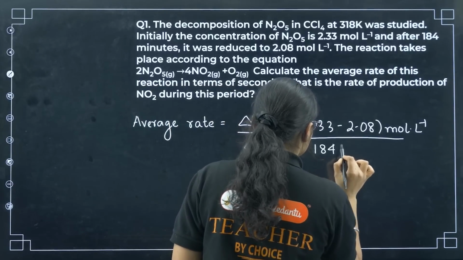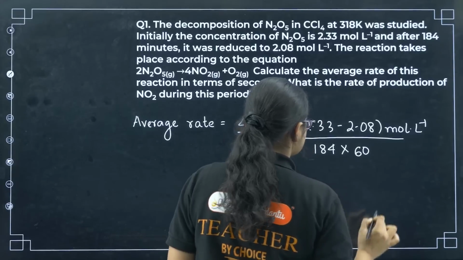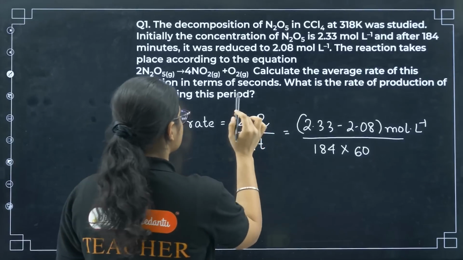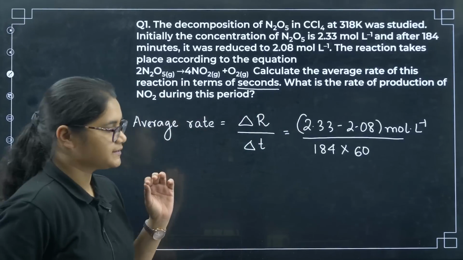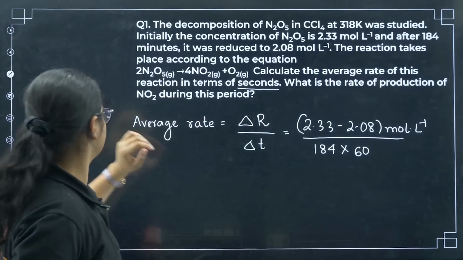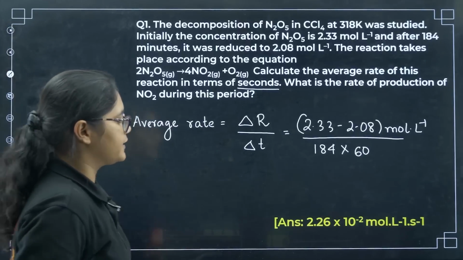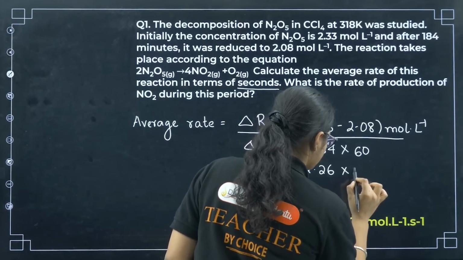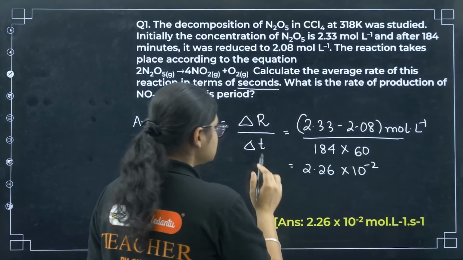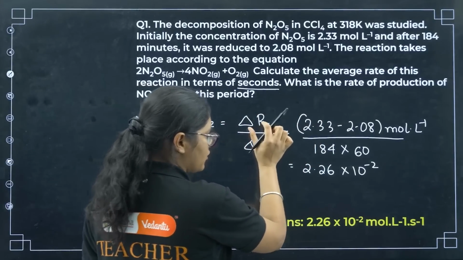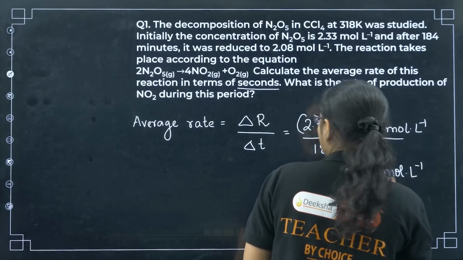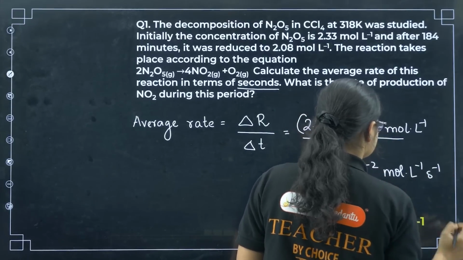So 184 minutes into 60 seconds, because we have to convert it into seconds, because the question has asked you to find in terms of seconds. If I solve this, I'll get the average rate, and the value that I'll get here is 2.26 into 10 to the power of minus 2. Rate unit: change in concentration of the reactant is mole liter inverse, and time is second inverse.